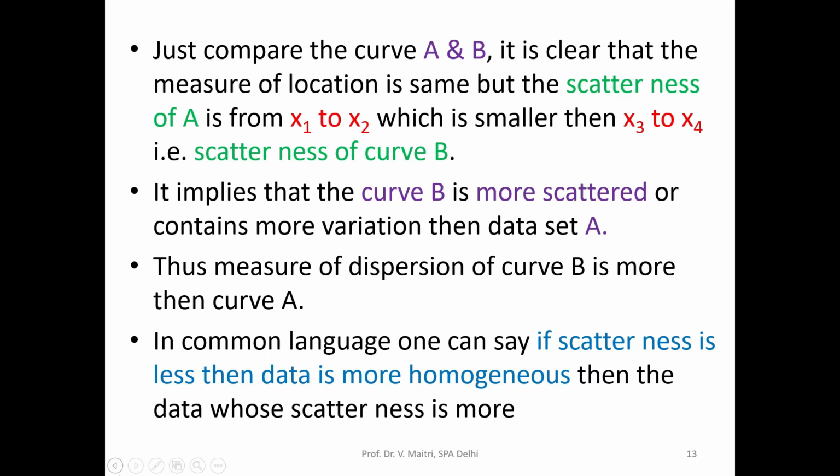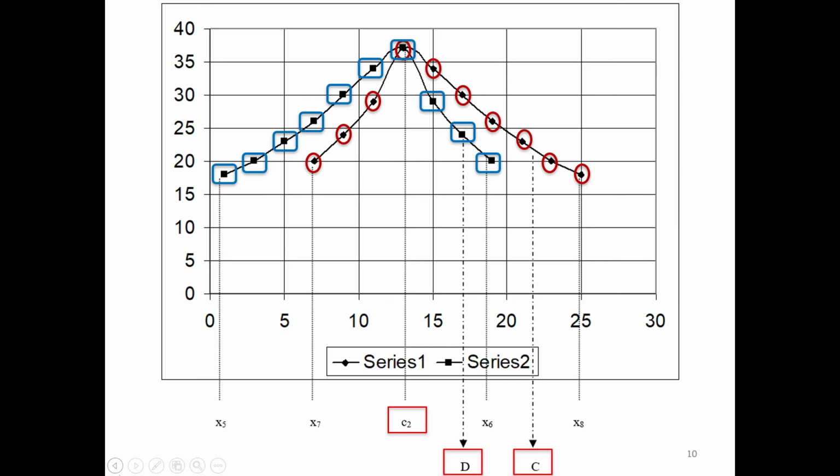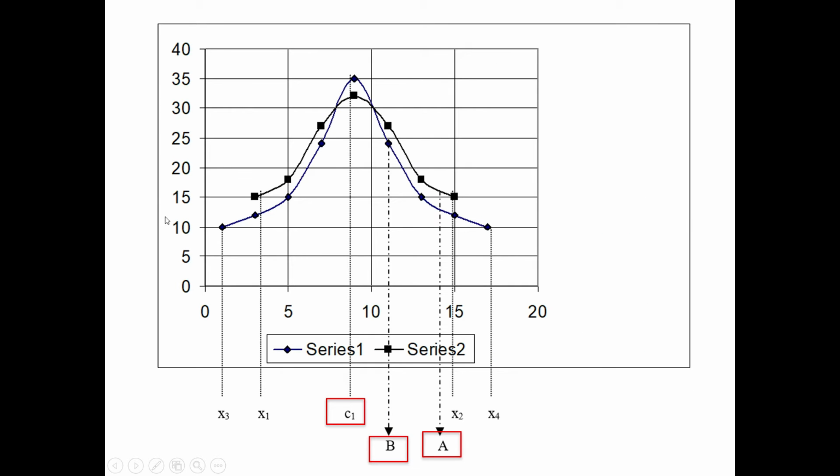So now we compare curves A and B. The scatterness of curve A is x1 to x2 and the scatterness of B is x3 to x4. So it means curve B is more scattered, or contains more variation, than dataset A.